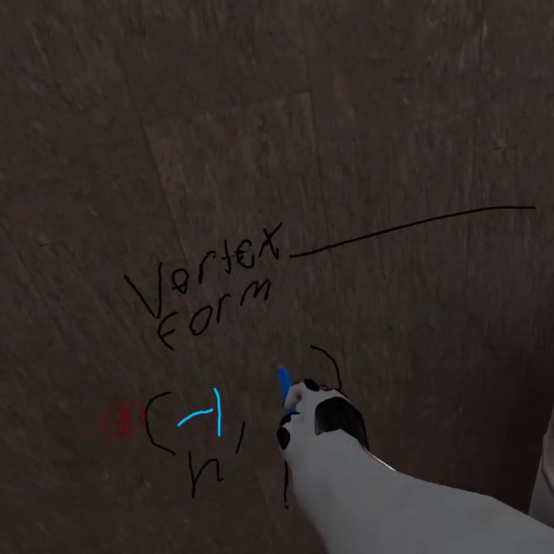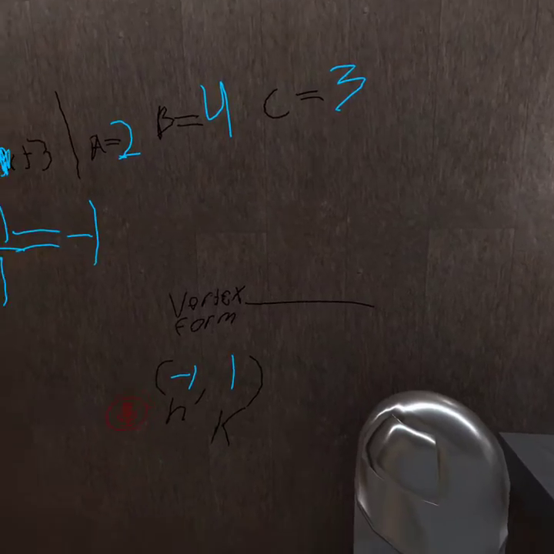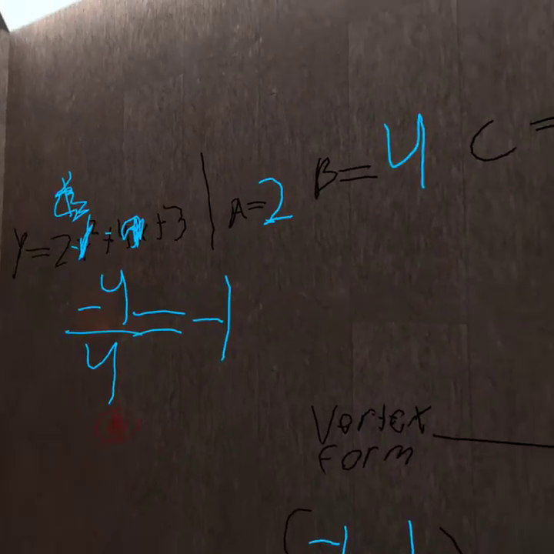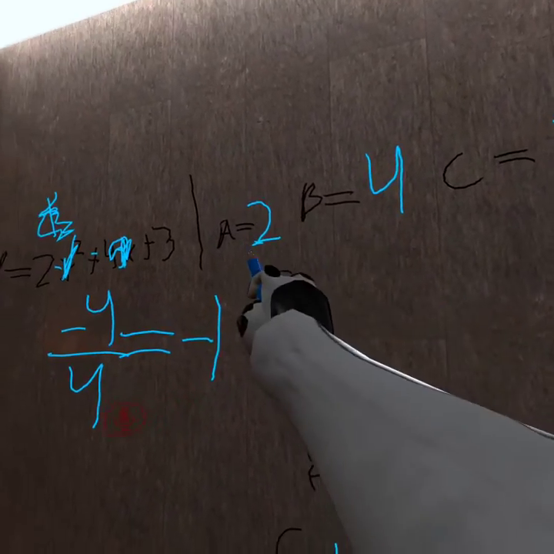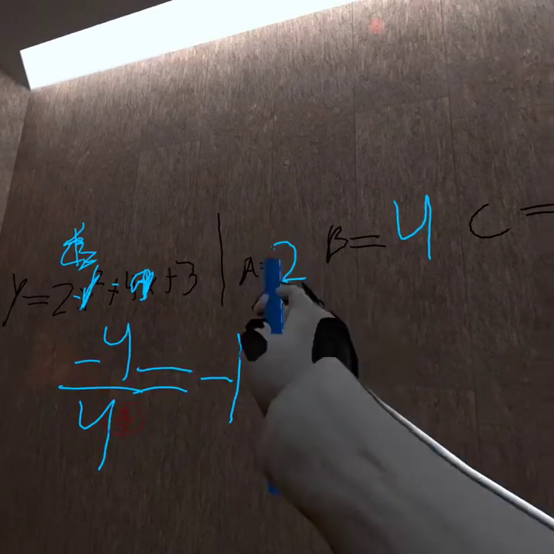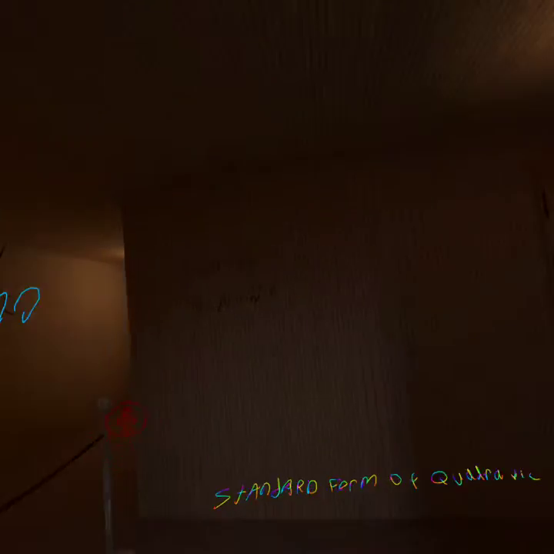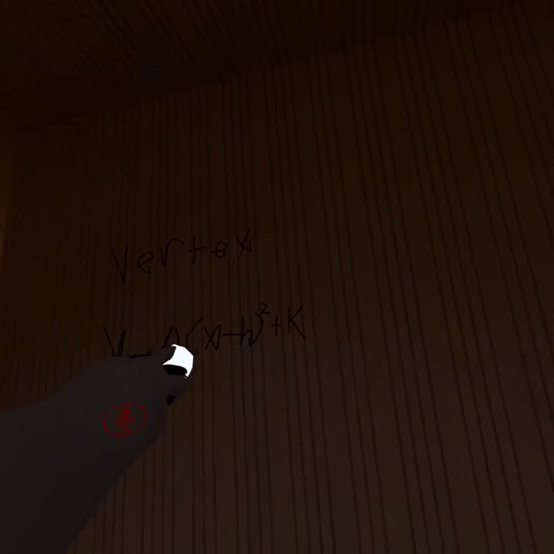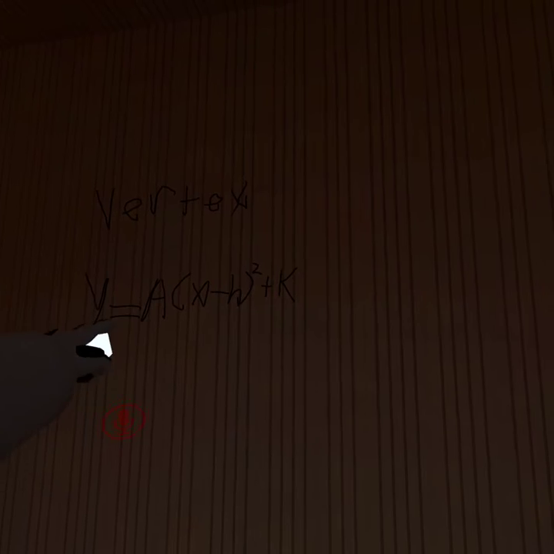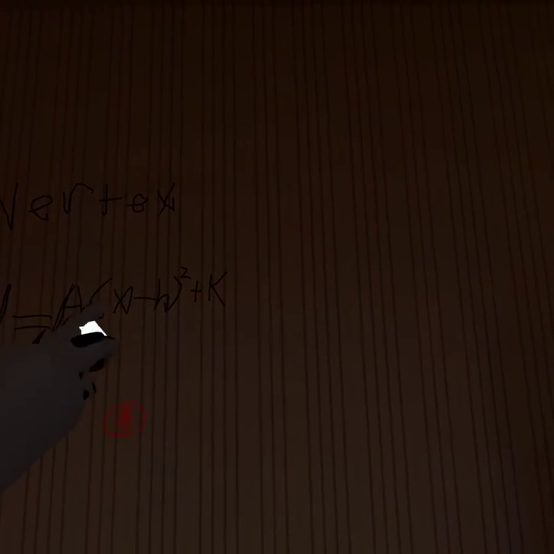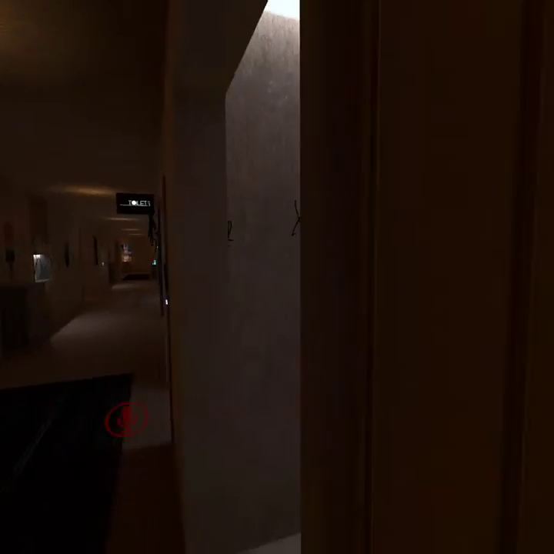Great, we got our second point. Well, how do we get to vertex form from that? Simple, we use all of the things that we have already, which are a, h, and k, and we plug them into vertex form, which is y is equal to a times x minus h squared plus k.